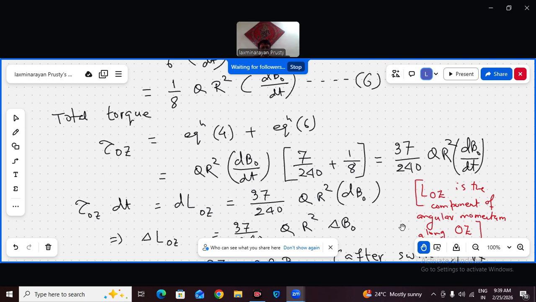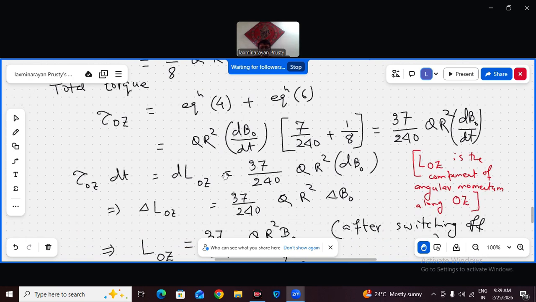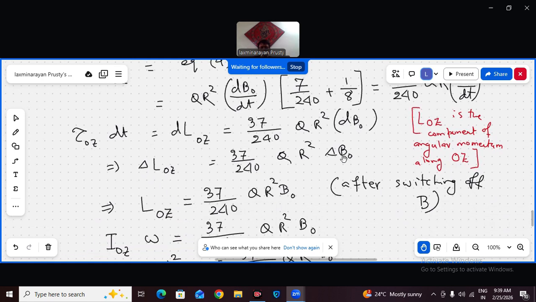LOZ is the component of angular momentum along OZ. So that is 37 by 240 q r square dv naught. Now integrate both sides. Delta LOZ will be 37 by 240 q r square delta V naught. But the change in B naught is B naught. Change in LOZ is LOZ only, because initially it was 0, now it is LOZ.